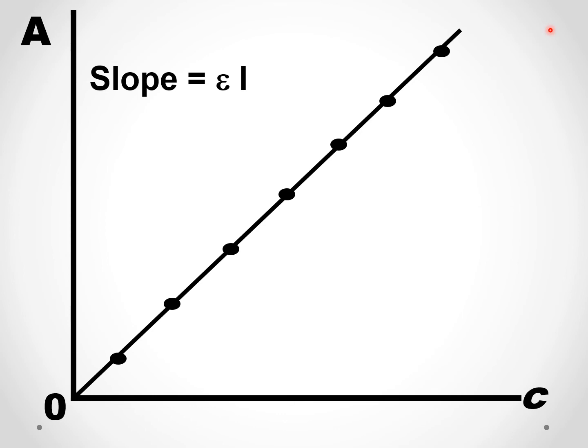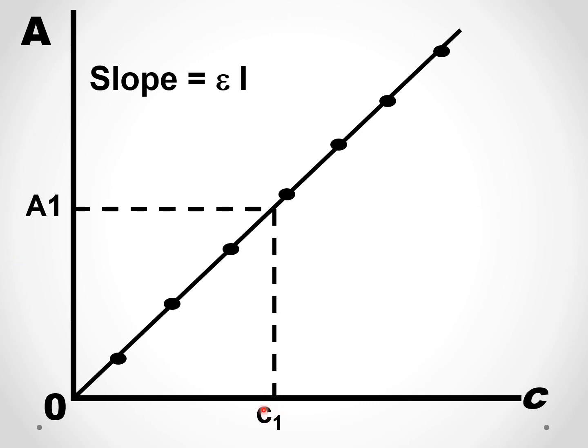So what do you do? Find out the absorbance of that. Let the absorbance of the unknown concentration be A1. From this point, draw a line touching this straight line, and from that point draw a line vertically downwards.